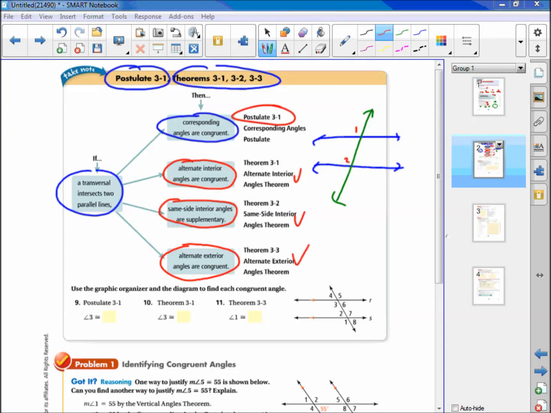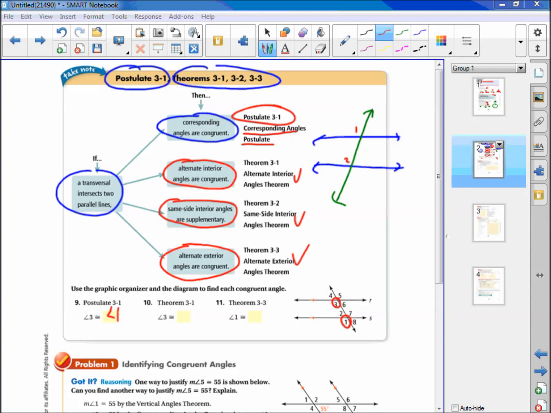All right, so use the graphic organizer and the diagram to find each congruent angle. So based on postulate 3.1, the corresponding angles postulate, corresponding angles are congruent. Then angle 3, which is in the bottom left, should be congruent to angle 1. That means they should have the same measure.